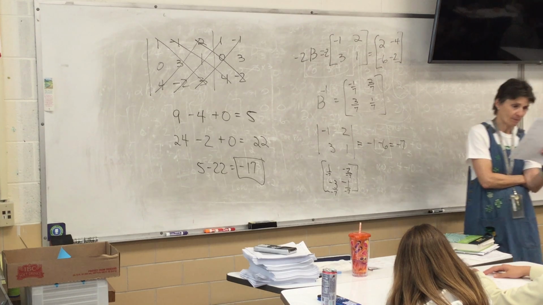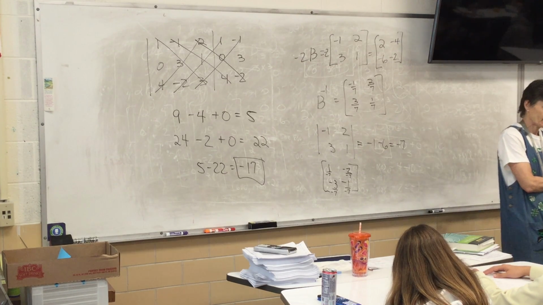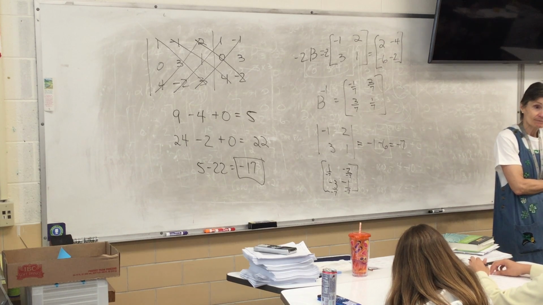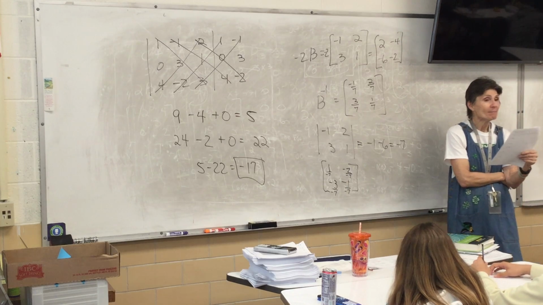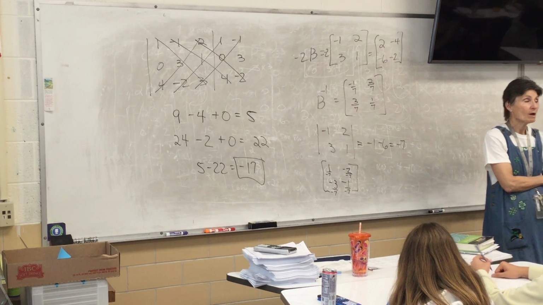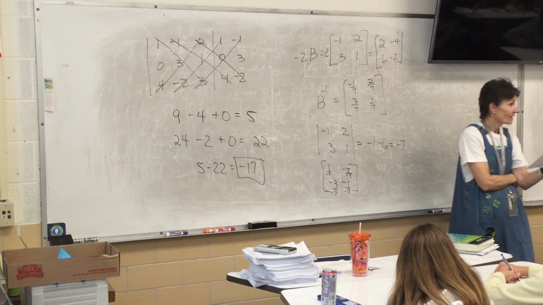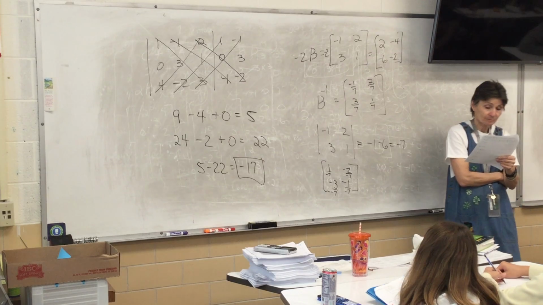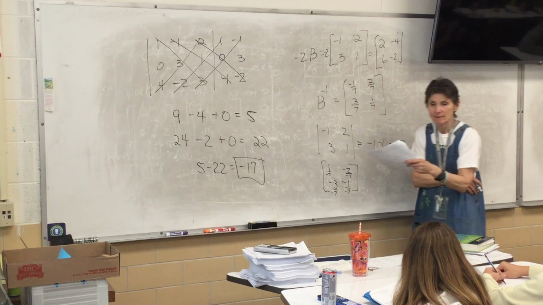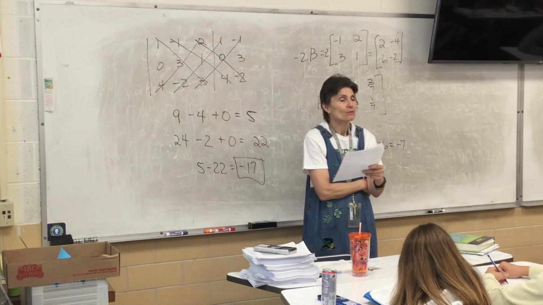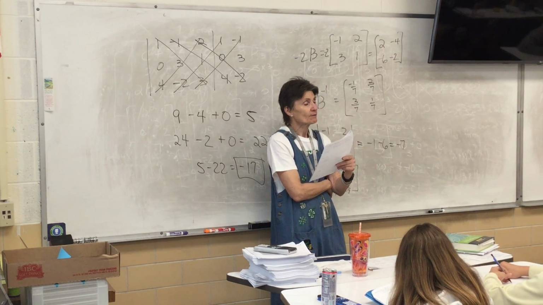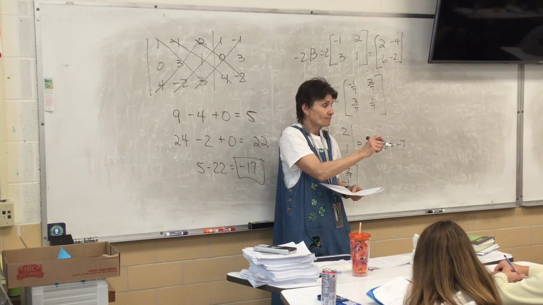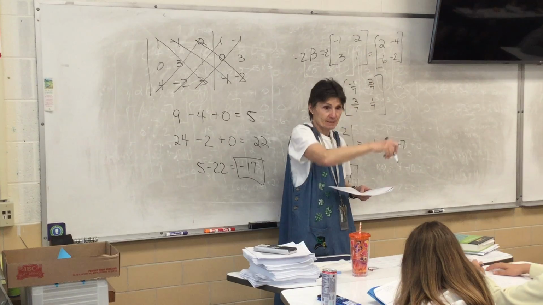What number is in the B sub 2, 3 spot? -2, because that means second row, third column. Does everybody see -2? Row 2, column 3? What are the dimensions of matrix B? 3 by 4. If you said 3 by 4, you are a winner. It has 3 rows and 4 columns.